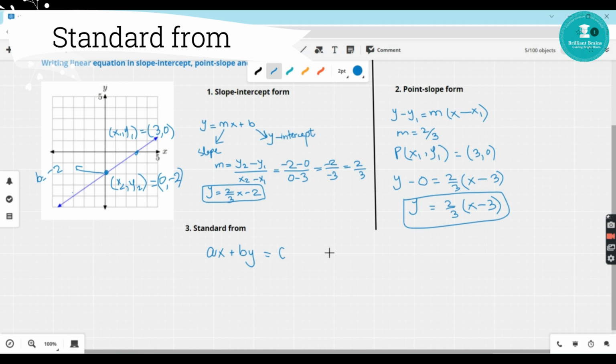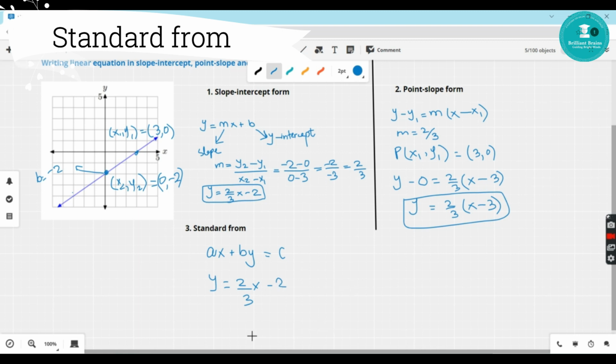Okay, we can write the standard form either by using the equation of slope-intercept form or by using the equation of point-slope form. We just have to do some simplification. Okay, I will be taking the slope-intercept form equation. We have already figured out the slope-intercept form, that is y equals 2 by 3 x minus 2. Okay, we just need to do some simplification.